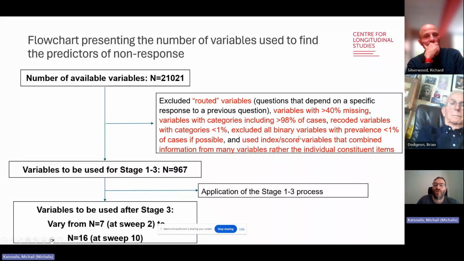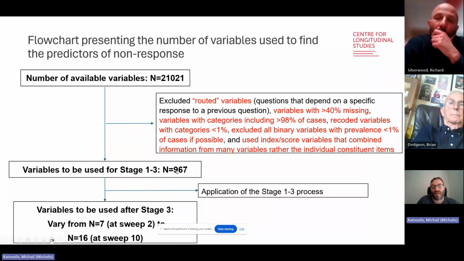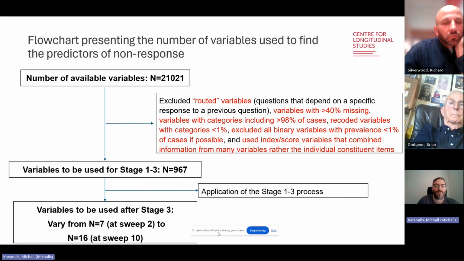We excluded all binary variables with prevalence less than 1% of cases if possible. We used the index or score variables, etc. So from these 20,000 variables, we utilized for this three-stage approach 967 variables.